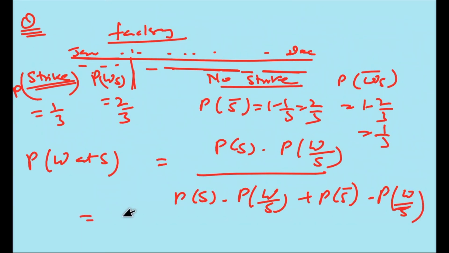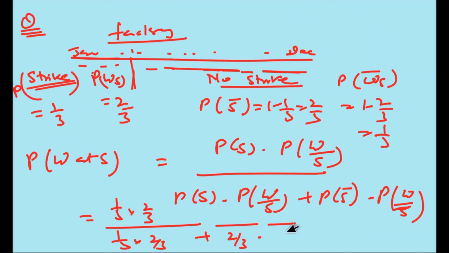So this way we can solve these things. 1 by 3 into 2 by 3 upon 1 by 3 into 2 by 3 plus 2 by 3 into 1 by 3. So you can solve this and get the answer. This way you can use the Bayes theorem.